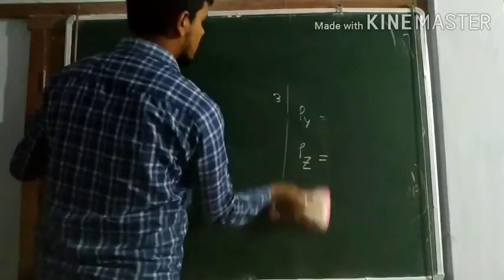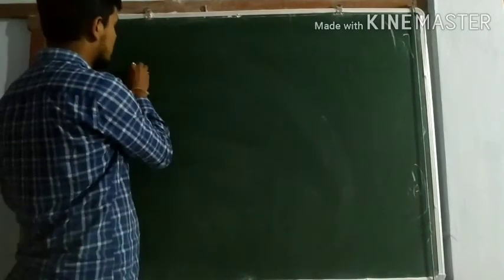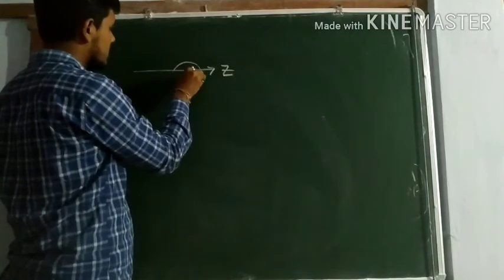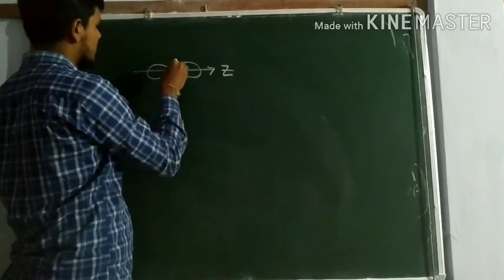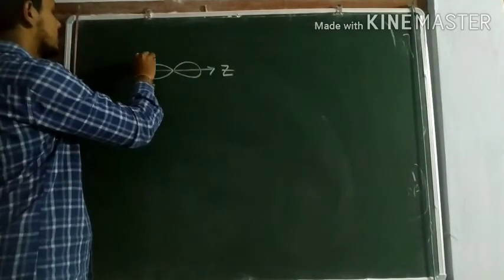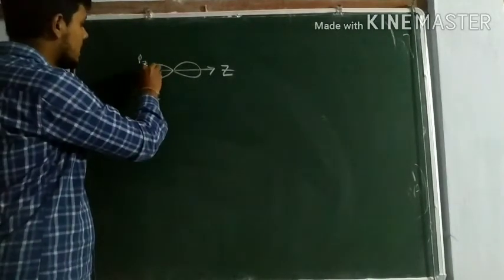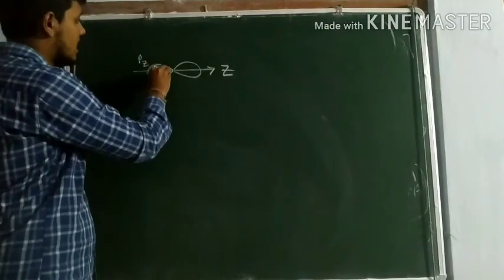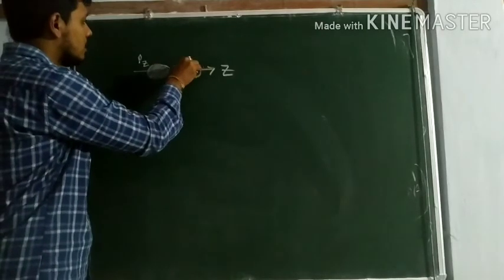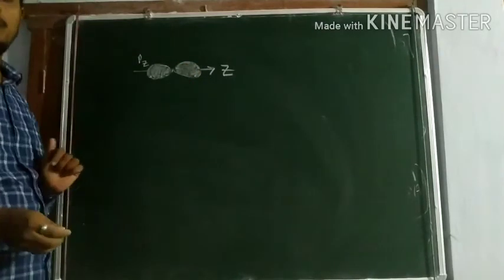Now, if I carefully see the electron density, this is the z-axis, this is the pz orbital. The probability of finding electrons is highest along this shaded portion. In this shaded portion the probability of finding electrons is highest.